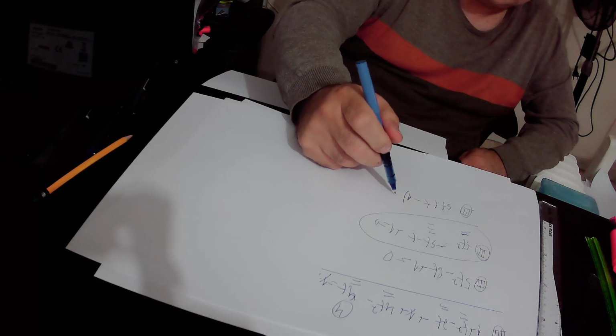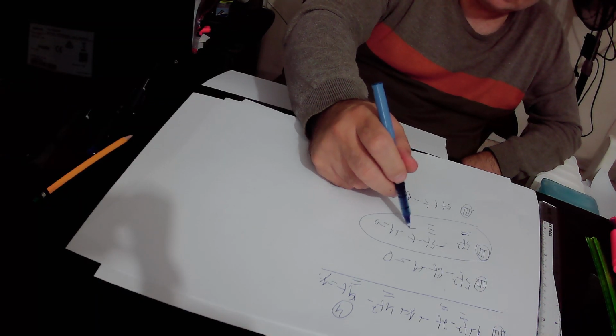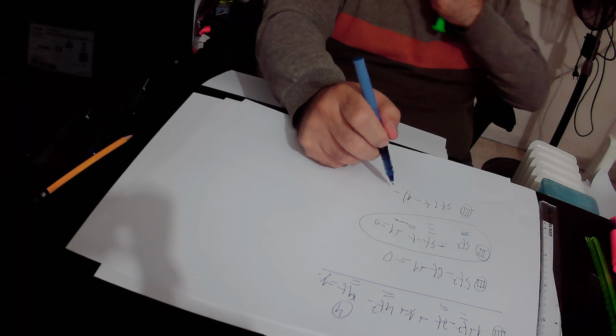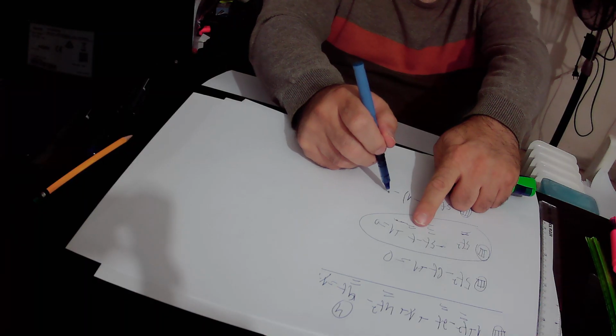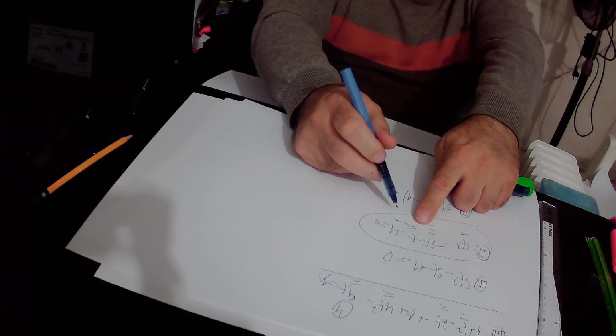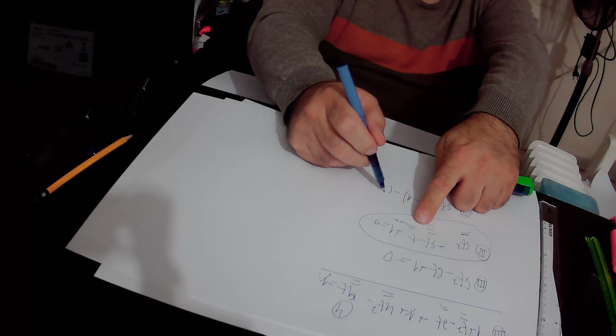In the next step, we take out minus 1 as a common factor from minus t plus 1. So what is left from minus t after we took from it minus 1 as a common factor? What is left is actually t.